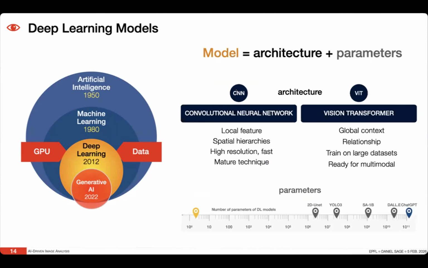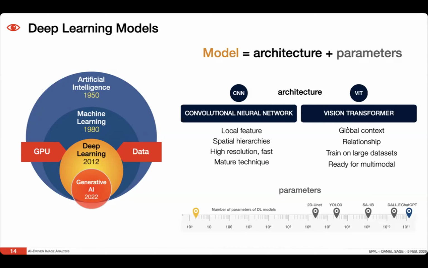The one called CNN, the convolutional neural network, is built with a large combination of the image processing tools that we use all the time. It detects local features and organizes a spatial hierarchy. It's also very fast and a pretty mature technique.